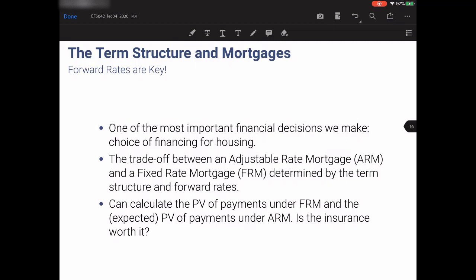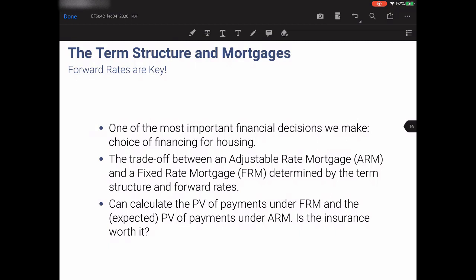A fixed rate mortgage is just a fixed interest payment mortgage contract. Okay, so it's more or less like you are issuing a bond and you have to pay interest payments, but that interest payment is known at the time of contracting.